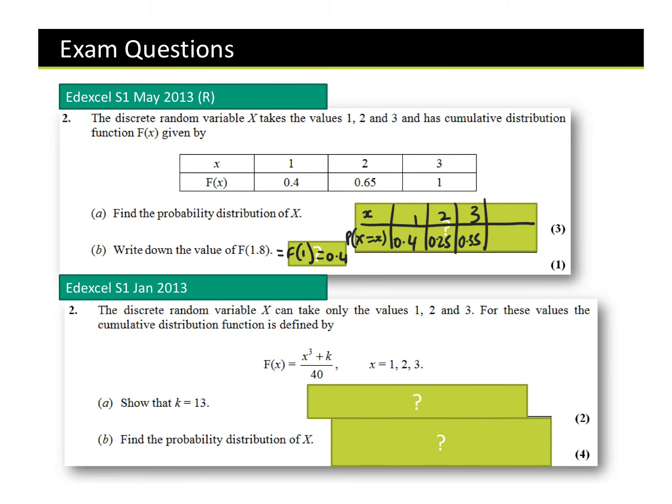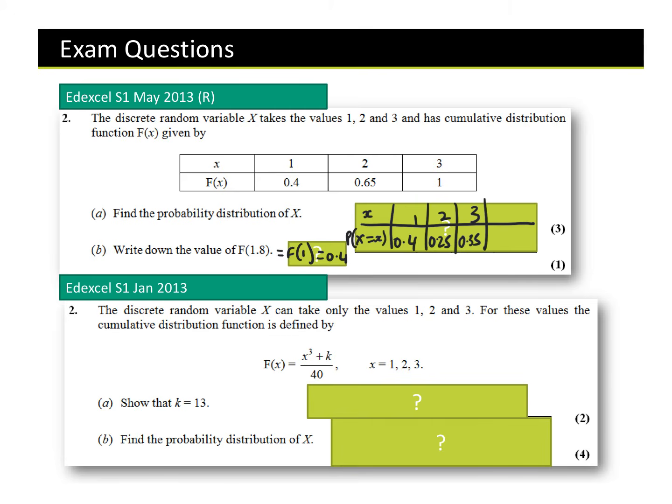The discrete random variable x can take only the values 1, 2 and 3. For these values, the cumulative distribution function is defined. Now, if it can only take these values, that means at the last value of x, our cumulative distribution will equal 1.